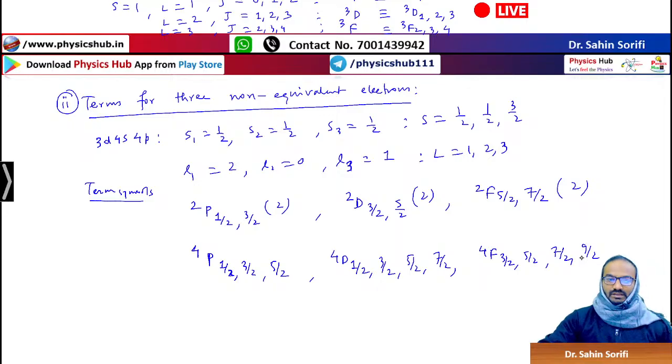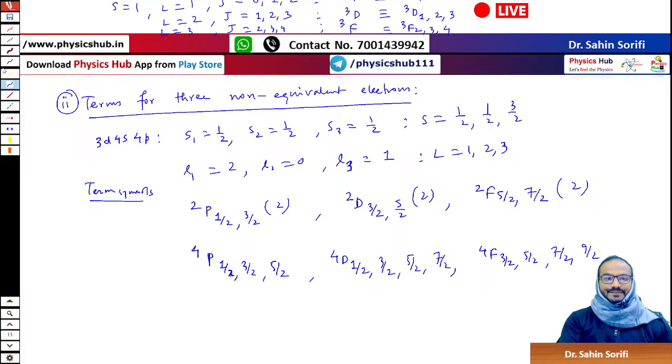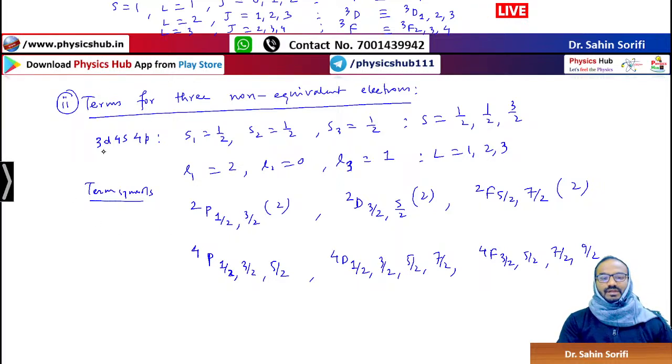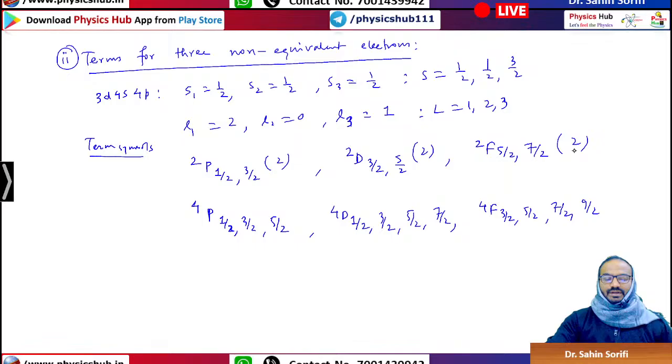Now there is an interesting thing. If you have noticed what we are actually doing, we are considering the s values for each electron, then we are combining them, then we are coupling L and S by getting j values. So what is actually happening? Let us try to understand it with an example of 4p 4d.